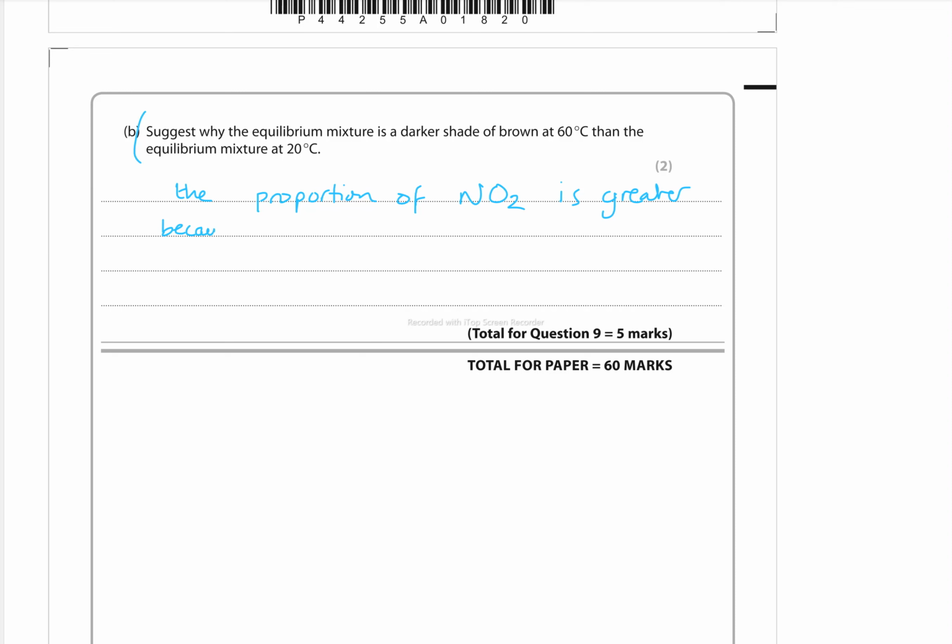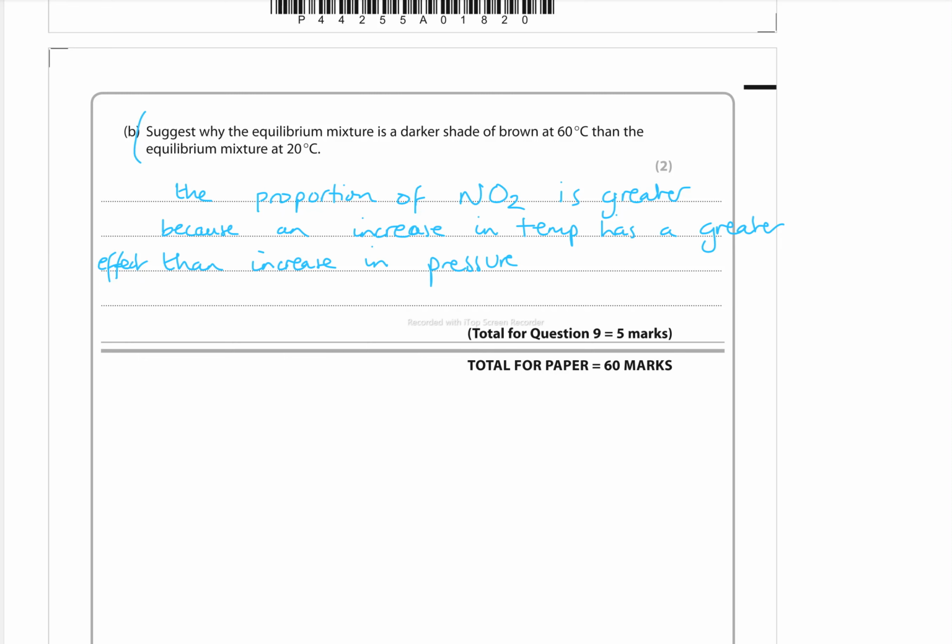Because an increase in temperature has a greater effect than increase in pressure.